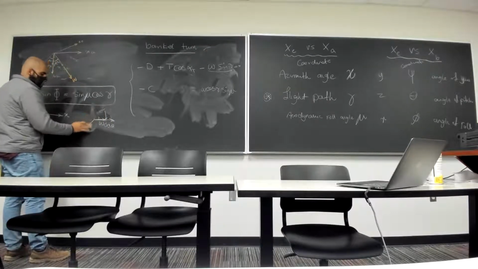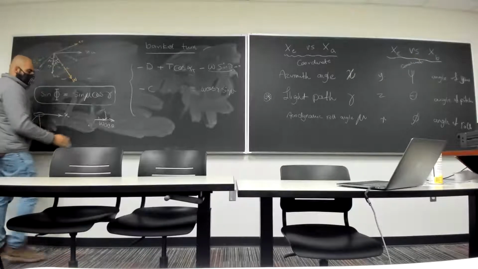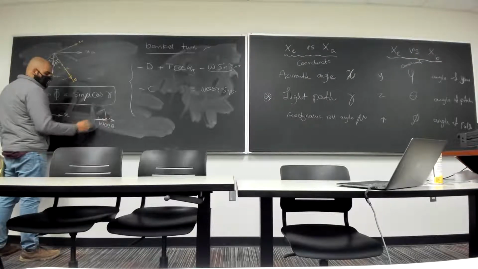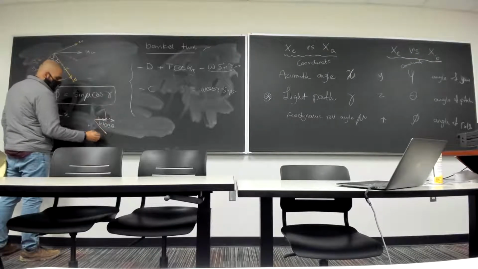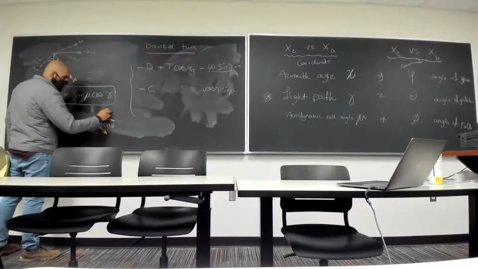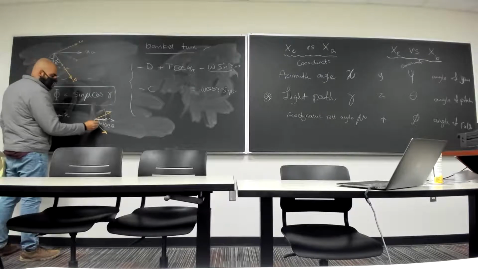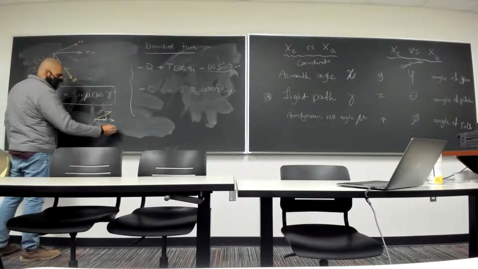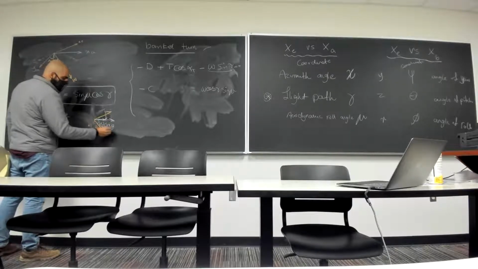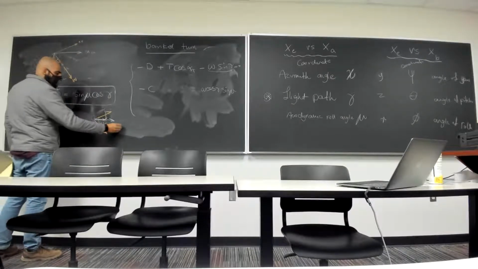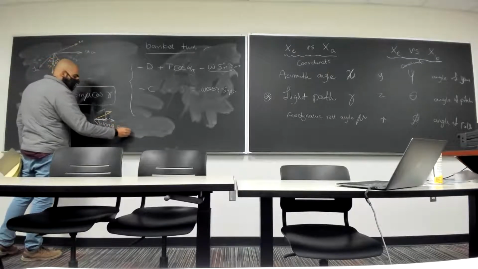And let me delete this. And if I want to find the component of this W cosine of theta on these two axes, let's call this theta 1. The component of this on this is going to be W cosine of theta 1.